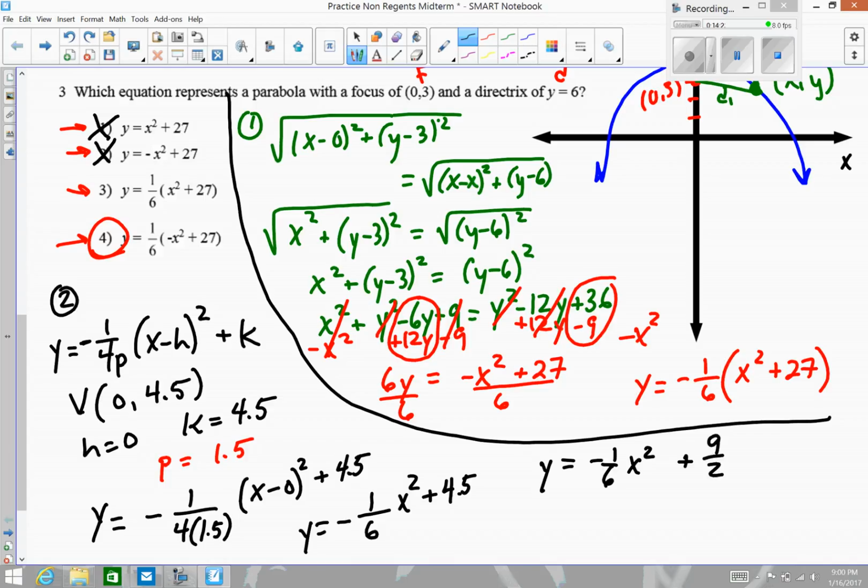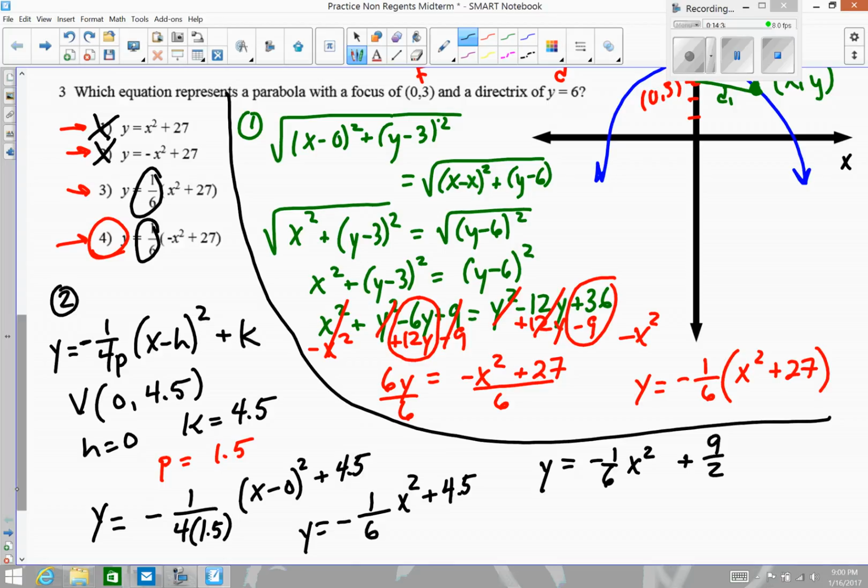And if I want to have 1 over 6 as a common factor on the outside of my parentheses, I would need to divide 9 over 2 by my 1 over 6.